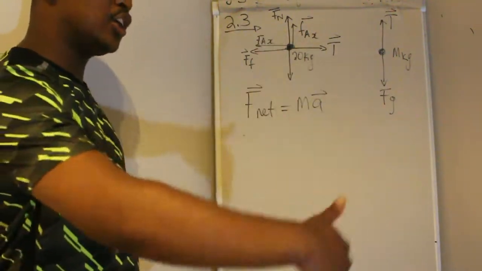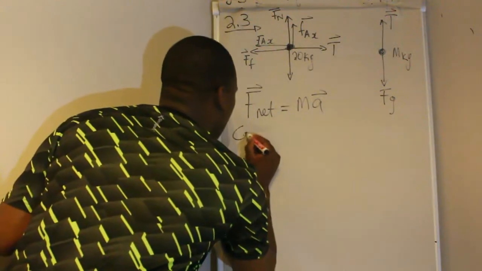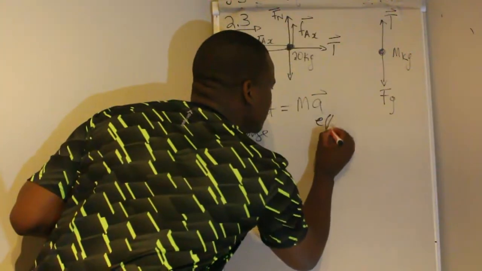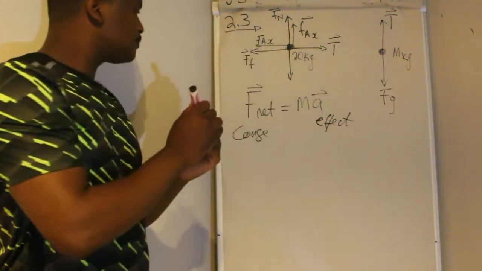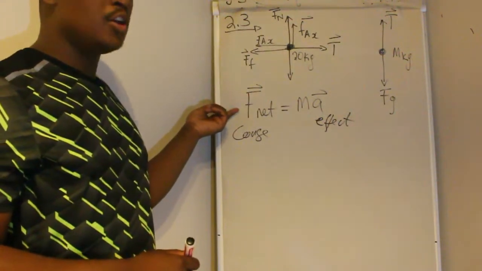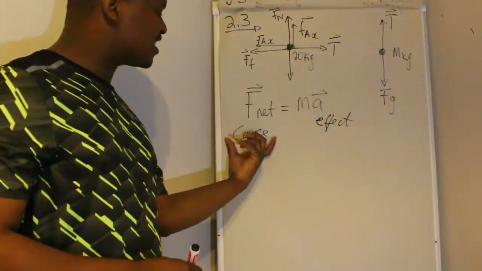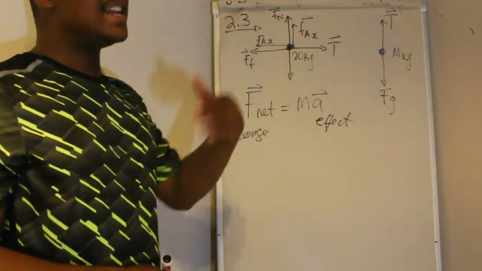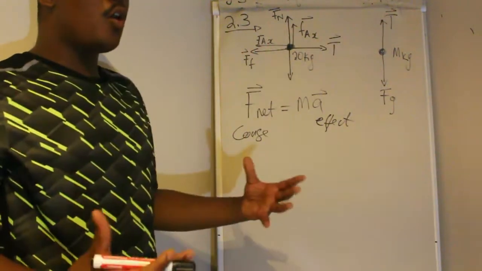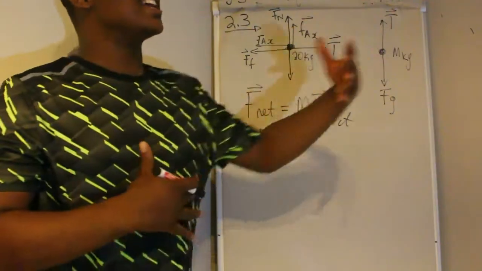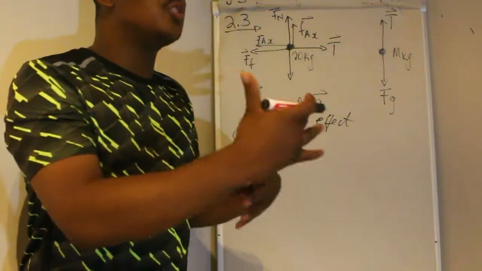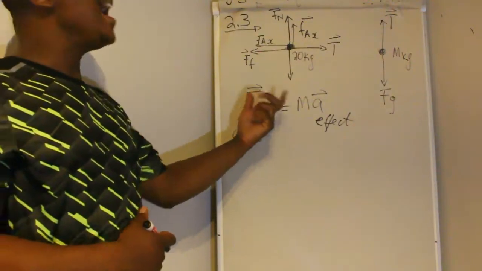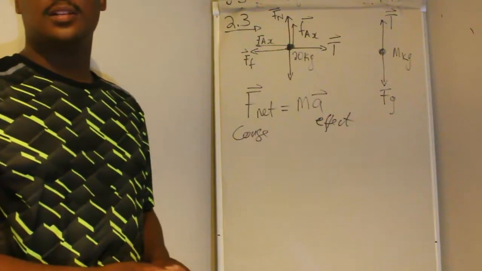So the net force acting on an object, the force is the cause. This acceleration is the effect, which means from the sum of forces you get acceleration. So the sum of forces causes the acceleration. The net force acting on an object will cause an object to accelerate in the direction of the force, with the magnitude of acceleration that is directly proportional to the force and inversely proportional to the mass of the object.